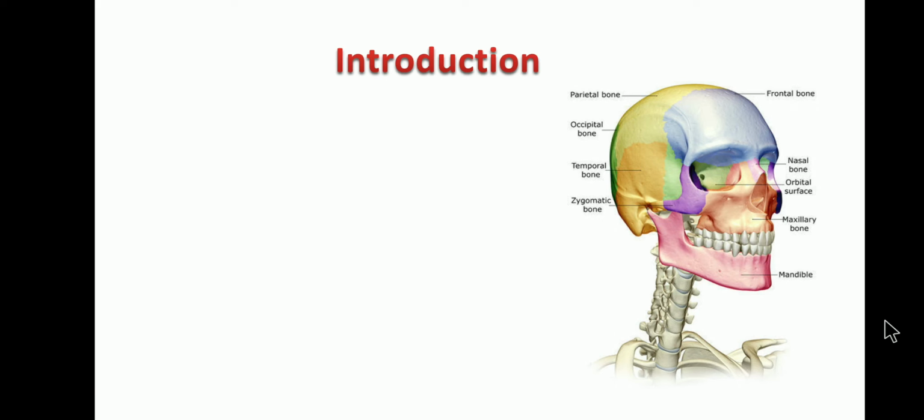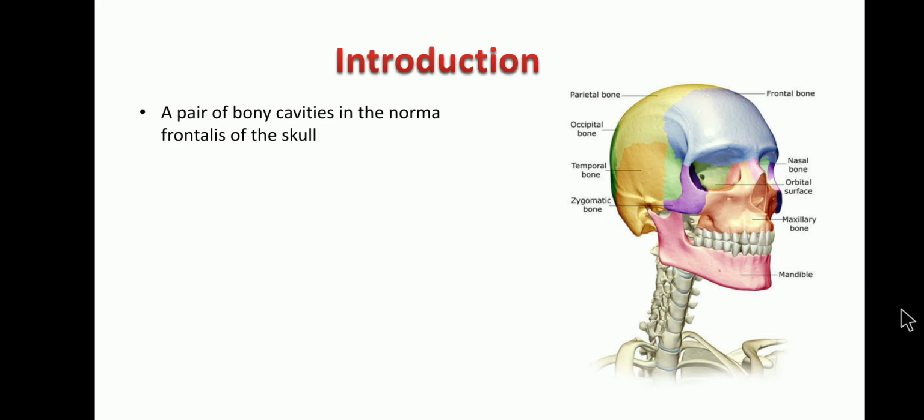It protects the eyeball from various injuries, harsh climate, or harsh chemicals, whatever it might be. To put it simply, it is protective in nature, and not only that, this socket also allows free movement of the eyeball. Okay, so mainly seen in the norma frontalis.